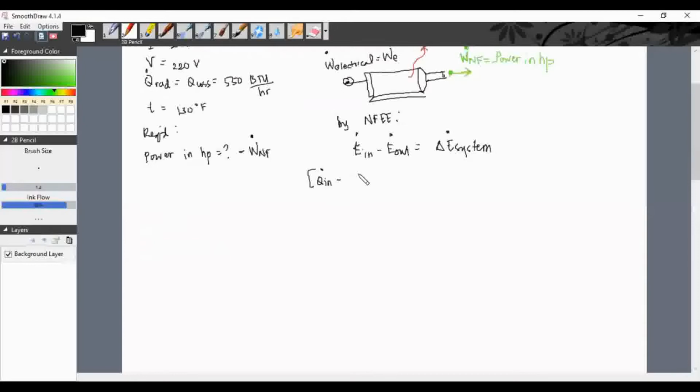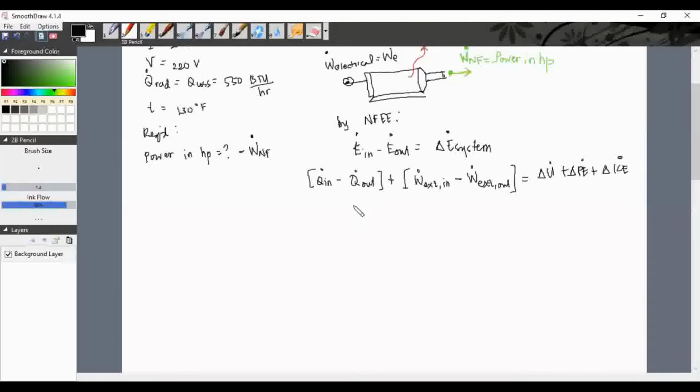Minus Q out plus work external in minus work external out equals delta U plus delta PE plus delta KE.